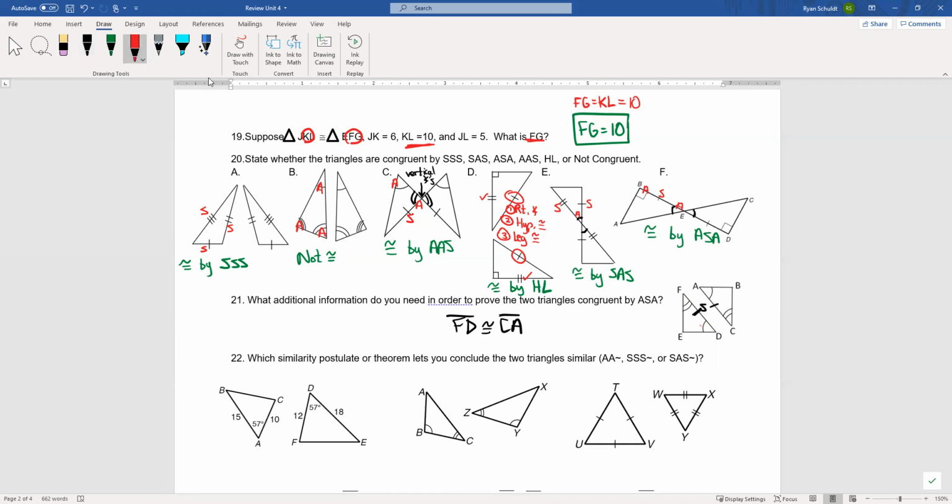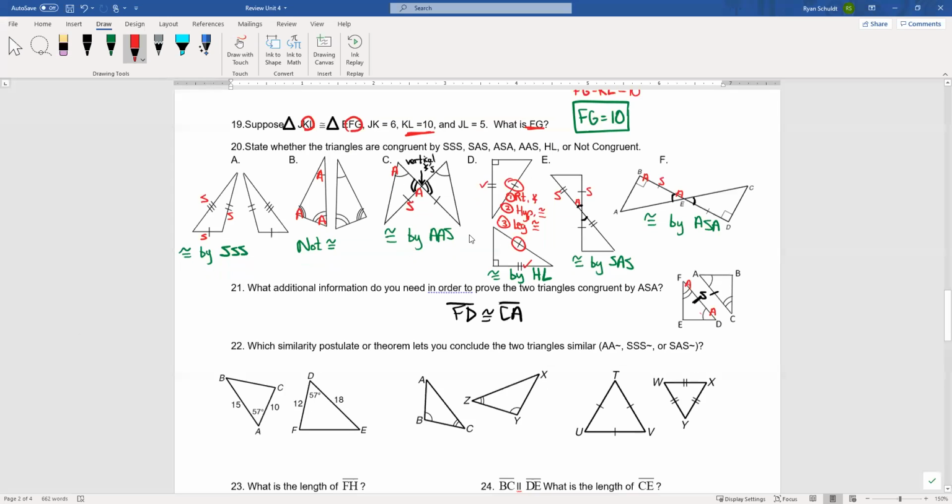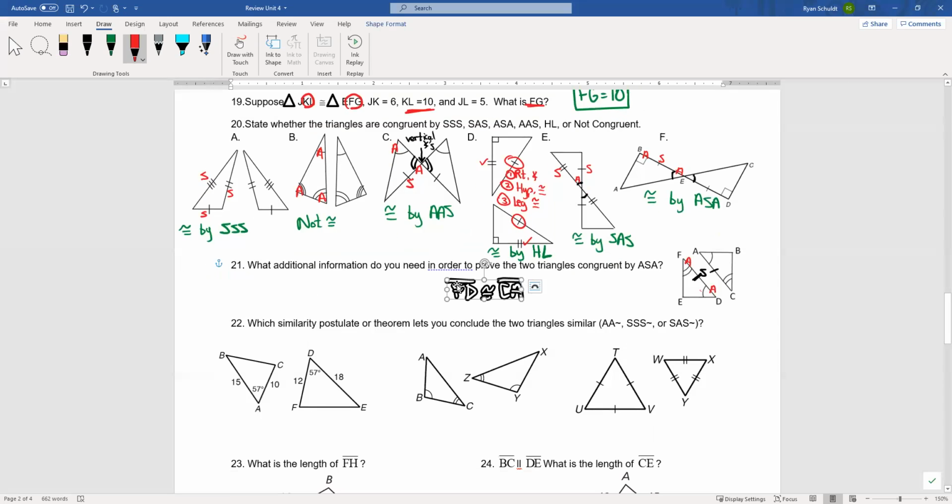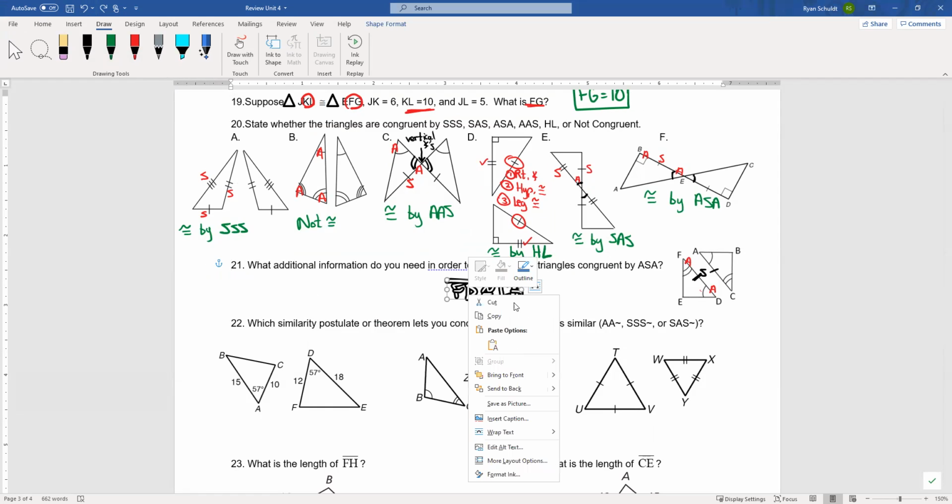So let me kind of reconstruct this angle. So that's what needs to happen. I need to know that FD is congruent to CA. Oh, let me change my text color right quick.